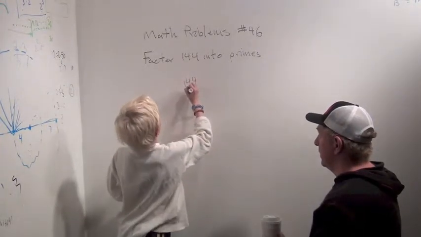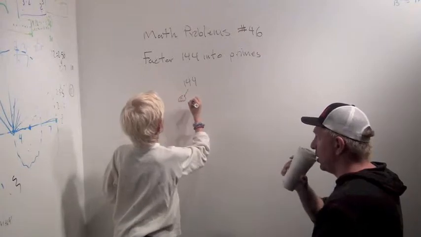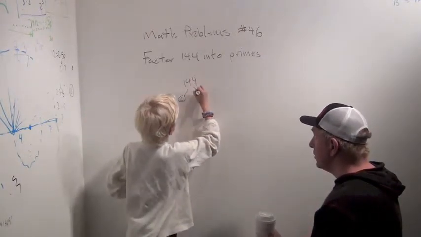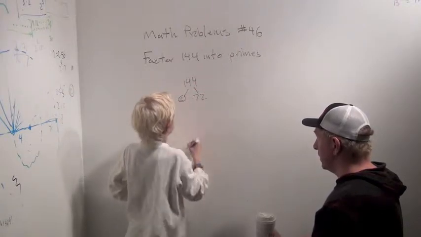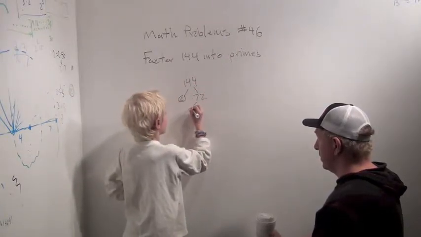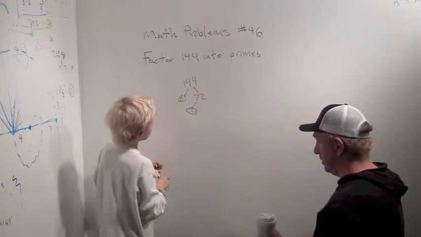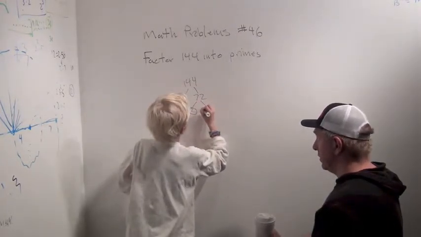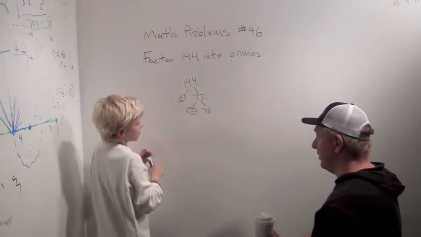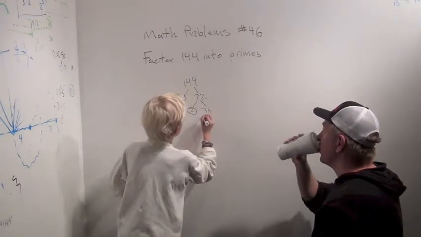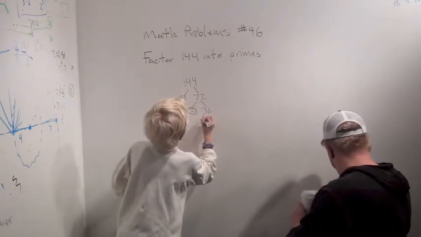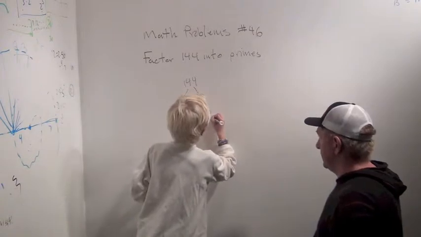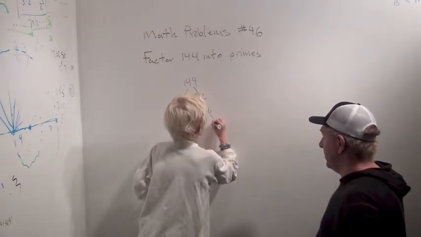So let's see. 144, we know it's 2 times 72. 72 is still divisible by 2, and 72 is 2 times 36. Good job. But that's also divisible by 2, and that is 18. 2 times 18 is 36.